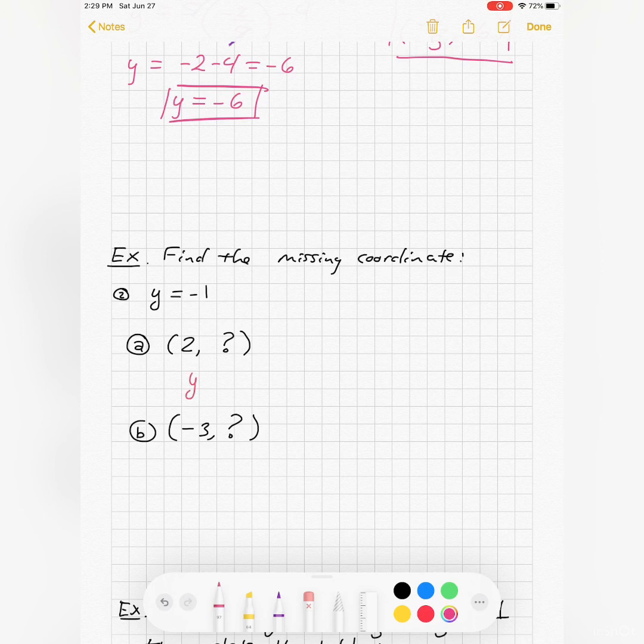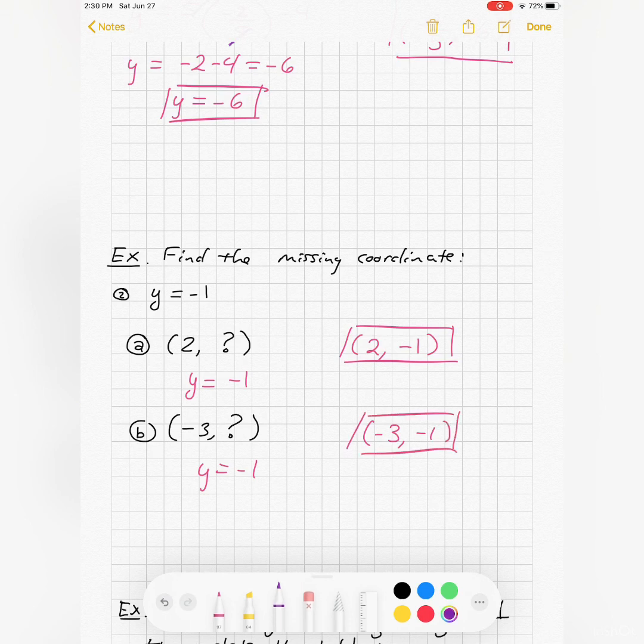So actually, doesn't that mean that no matter what the x is, the y is just -1? This is an easy one. So this is a special kind of line. And we're going to talk about this kind of line where I'm only given the line in terms of one variable. It's actually a horizontal line. But we're going to get to that in a couple sections here.